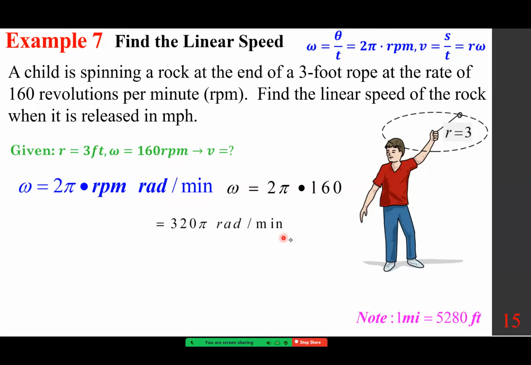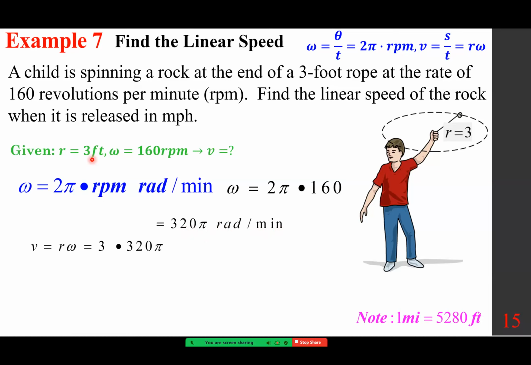It's good practice to keep it as pi at the end. If you have to change it accordingly, you will do that, but pi is an exact answer. And v is r omega, with omega in radians per minute.